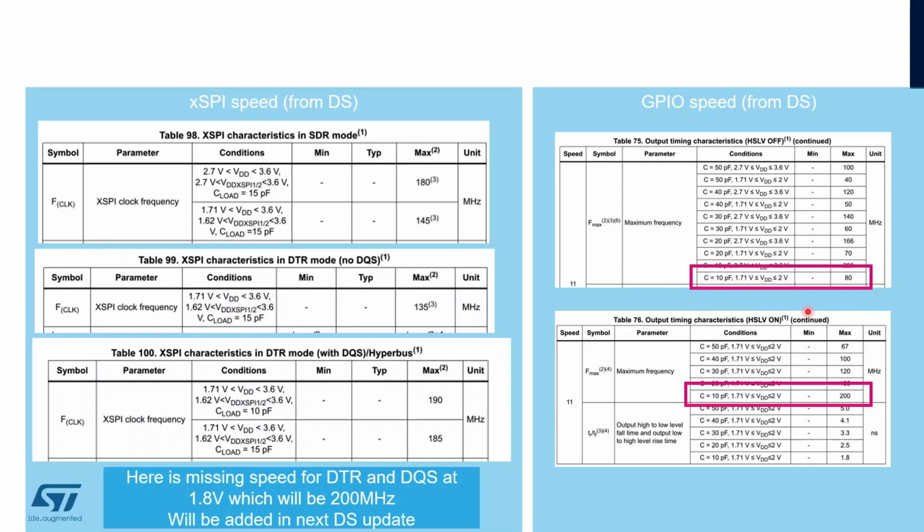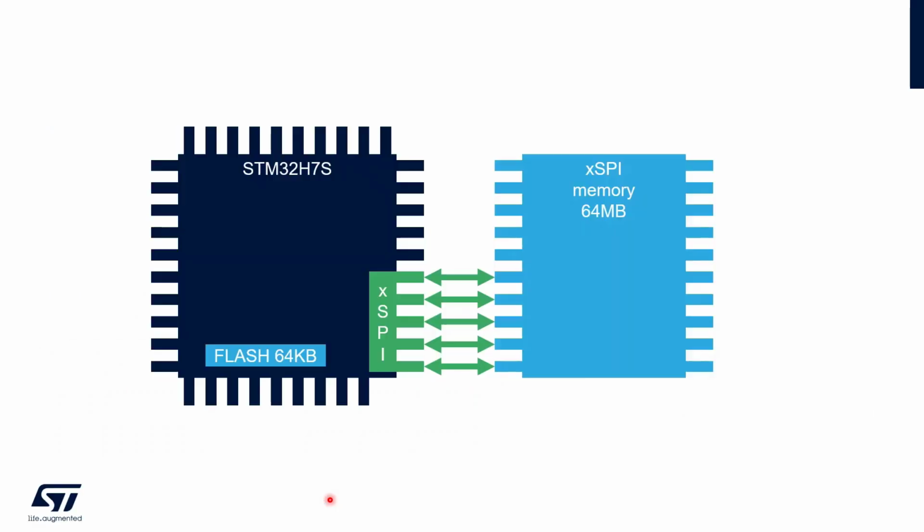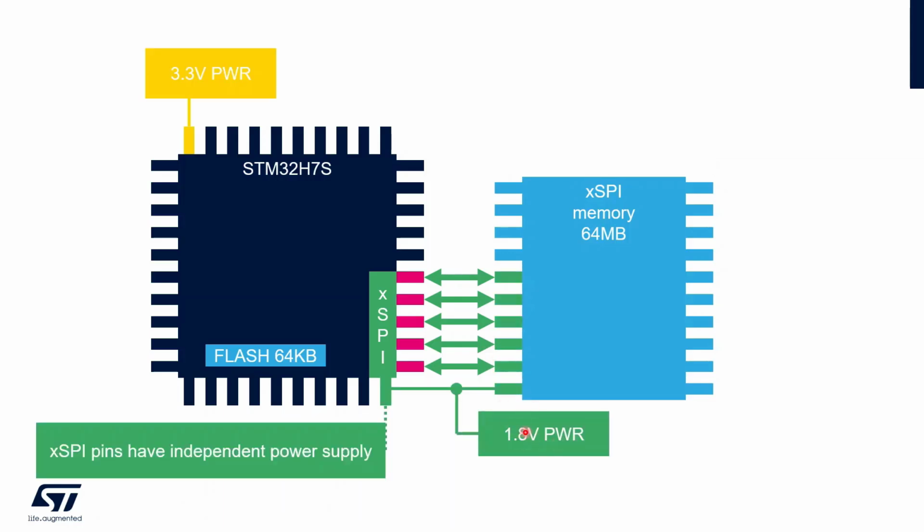To solve this issue, we have a feature called high speed low voltage, and if we enable it on 1.8 volt, we can run up to 200 megahertz. If we have the normal 3.3 volt, it's okay. But in case we have 1.8 volt, the speed of the pins is limited.